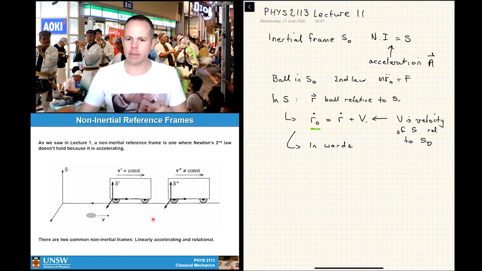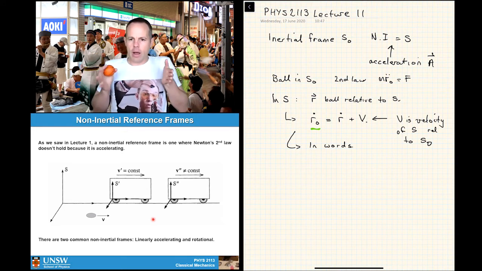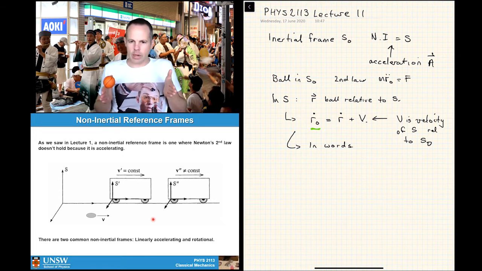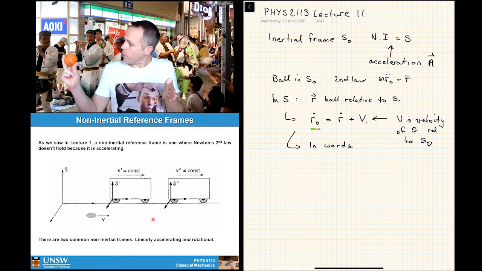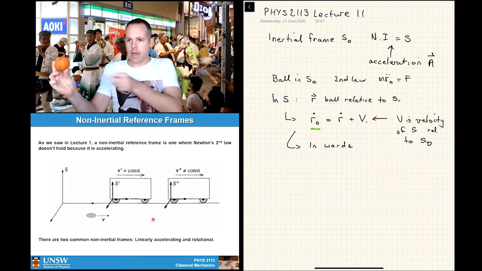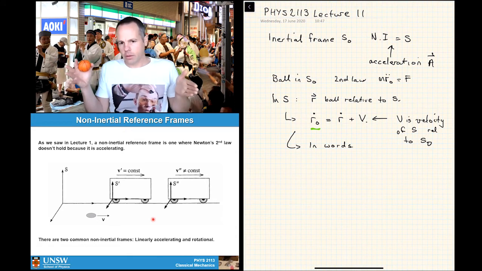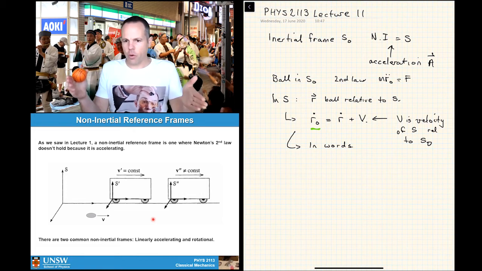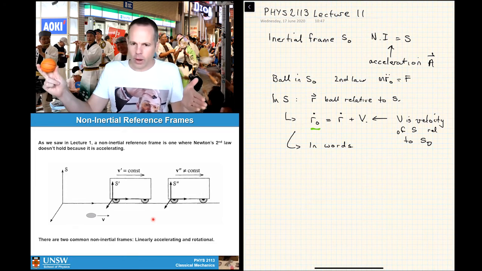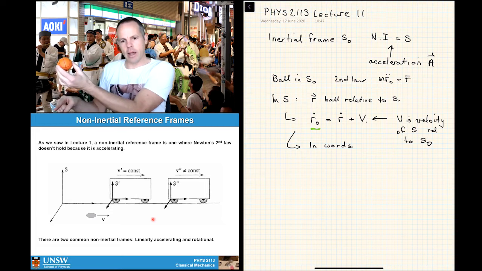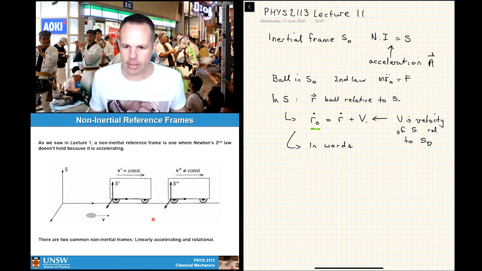And so let's think about this for a second. Imagine I'm in the non-inertial reference frame, and at a particular point in time I'm moving at 3 kilometers an hour forwards, and I look at the ball and the ball is moving forwards at 2 kilometers an hour. Then if I go back to my inertial reference frame, the velocity is going to be my 3 forward plus the 2 of the ball relative to me, which is 5 kilometers an hour relative to the inertial frame, okay? So this adds up.